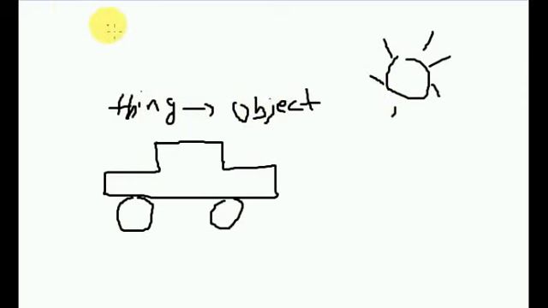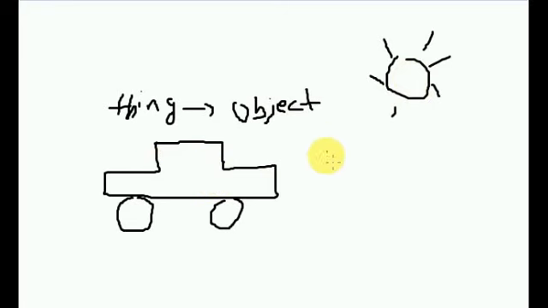Now we are going to discuss the properties of these objects. So I want to give an example again here. I want to ask a question: what makes the car different from the sun? A simple question. What makes the car different from the sun, or what makes the sun different from the car?